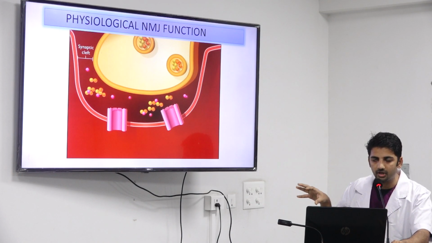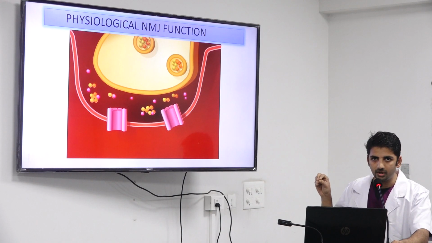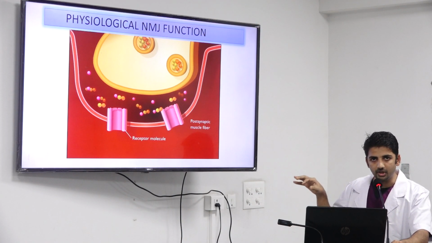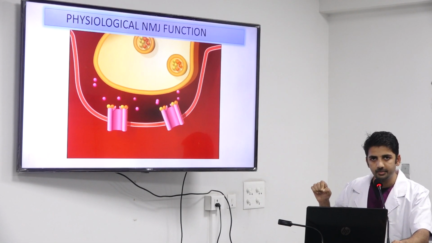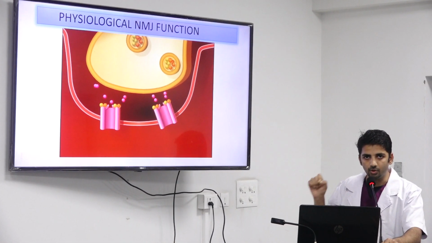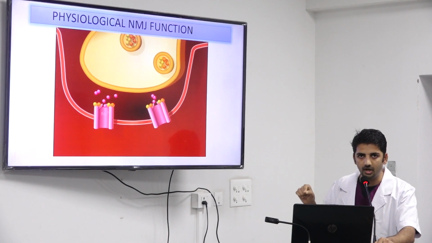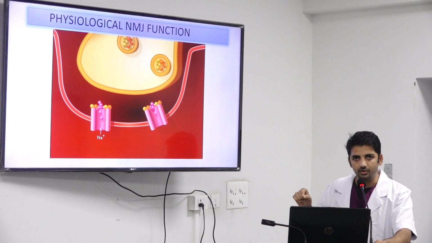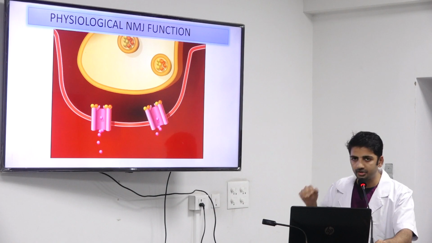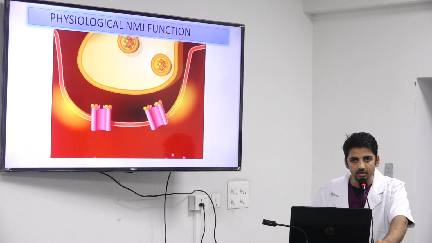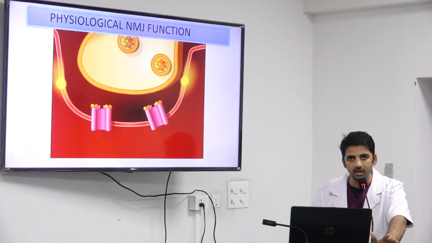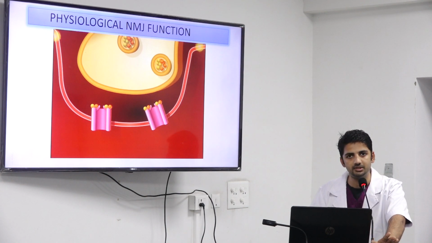It reaches the synaptic cleft and starts binding on the receptor on the postsynaptic neuron. Once it sits there, it starts opening up the sodium channels and the sodium influx leads to depolarization of the muscle. So the muscle action potential manifests there and that leads to muscle contraction. So this is the normal mechanism of how acetylcholine is synthesized, stored, released, and how it causes muscle contraction.